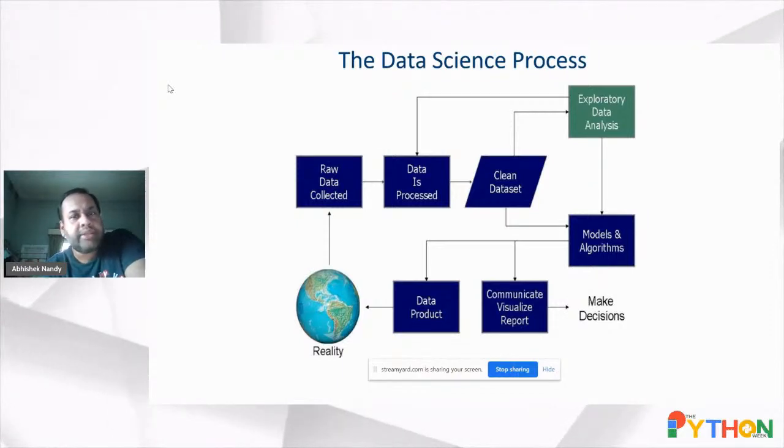So the entire data science process is a bit of a lengthy one, because firstly we collect the data. If we don't have any data in our hand, how do we go about doing data science on it? So the first step is the raw data getting collected, then we process the data.